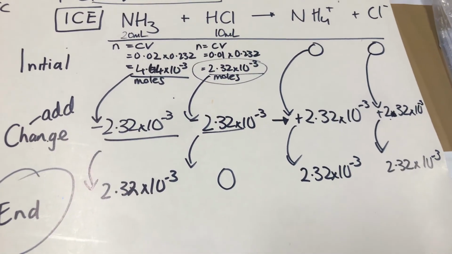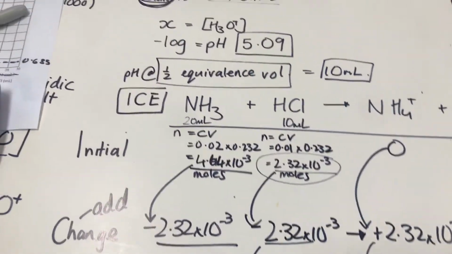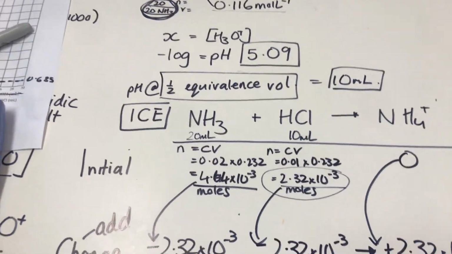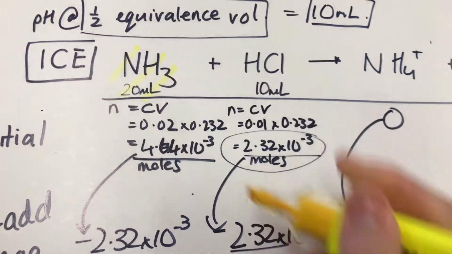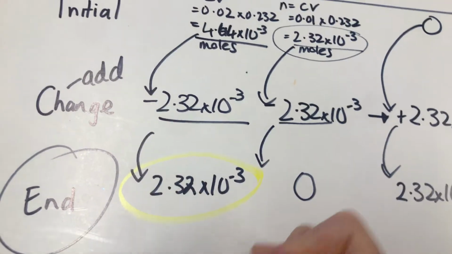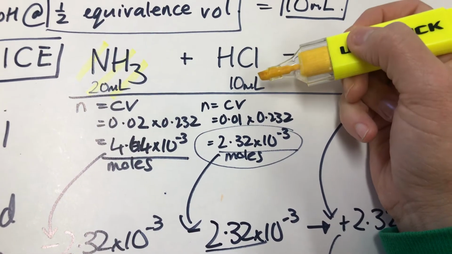Now, our next question we ask ourselves is, we need to calculate the pH here. So what have we got that's going to affect the pH at this point here? So I look up here. This is going to affect the pH, right, because it's a base. So this is an important number. This would affect the pH, and it would be really important because it's strong.